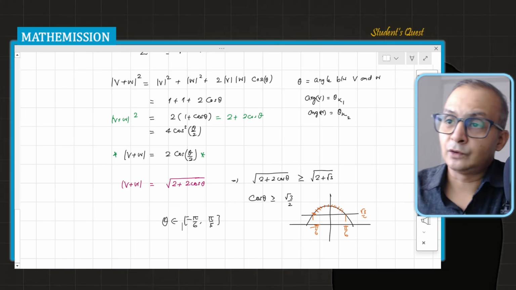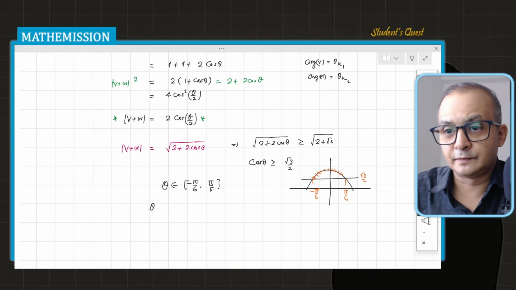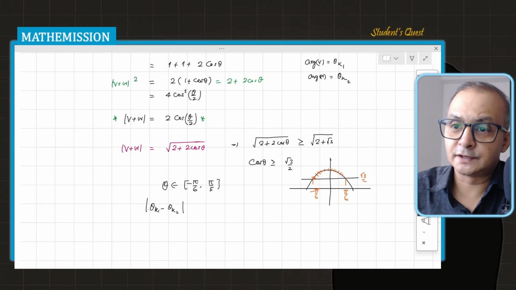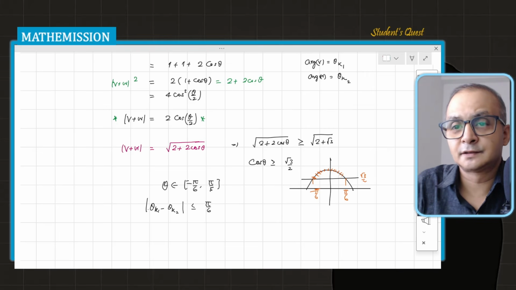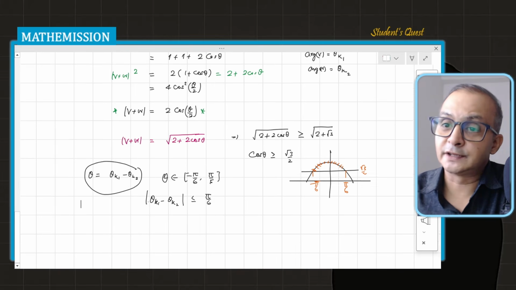Since theta is the difference theta k1 minus theta k2, I can write that its mod is always less than or equal to pi by 6. I hope you understood this thing. Now theta k1 means what?